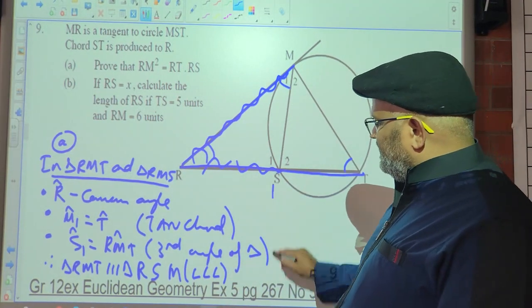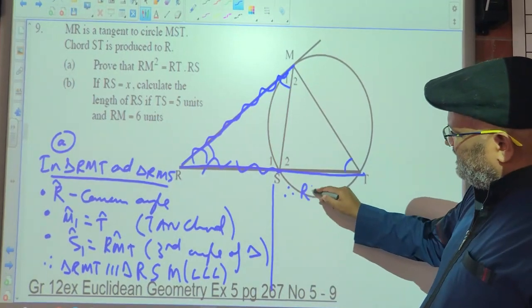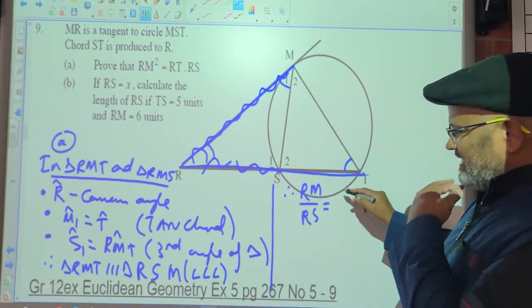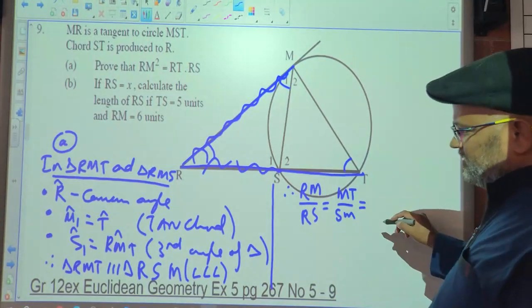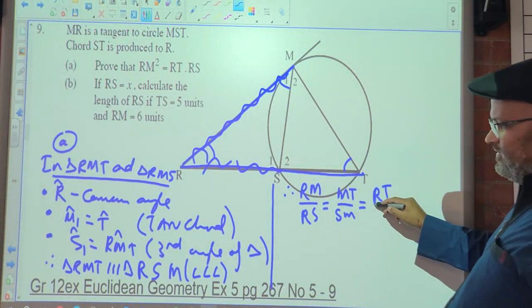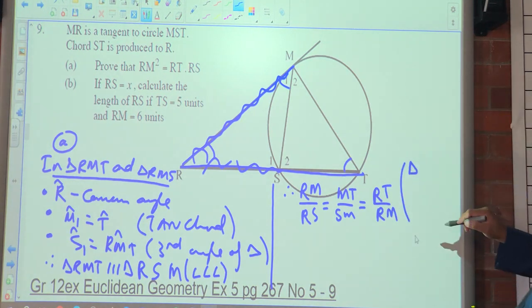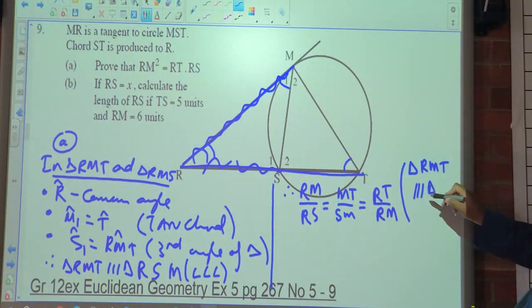So now we can conclude, therefore, RM over RS is equal to MT over SM equals RT over RM. Why? Because triangle RMT is similar to triangle RSM.